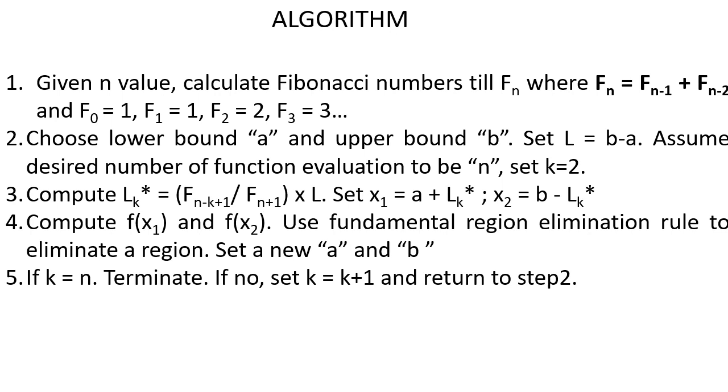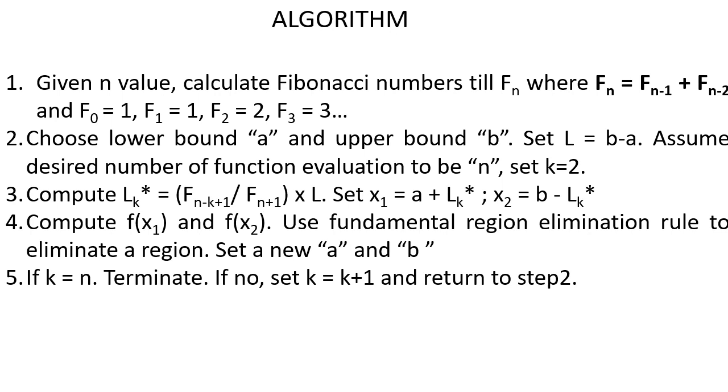So in the first iteration we set k is equal to 2, then we compute Lk star using the formula, and then we get new interval x1 is equal to a plus Lk star and x2 is equal to b minus Lk star, and then we compute f of x1 and f of x2, and then we use the fundamental region elimination rule to eliminate a region, and we set a new a and a new b.